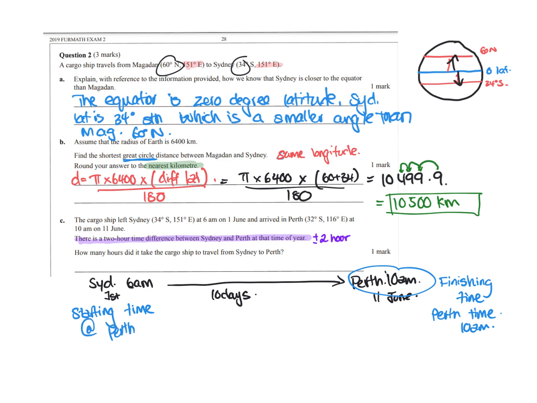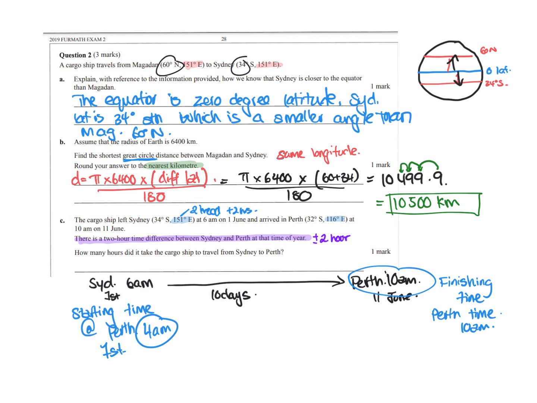If we look up here in the longitudes, Perth is not as far east, so Sydney is ahead by 2 hours. Perth is behind by 2 hours, so the starting time was actually 4 a.m. on the 1st, because Perth is 2 hours behind Sydney.